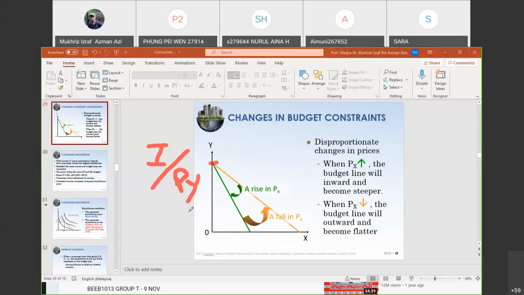Let's say your income is 10 ringgit and the price of Y is 2 ringgit. So 10 divided by 2 is 5. So this will be 5 units of Y.